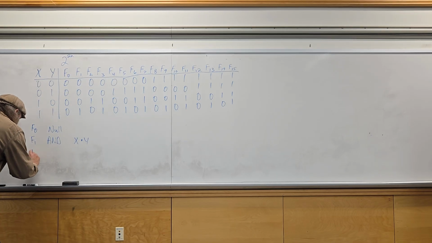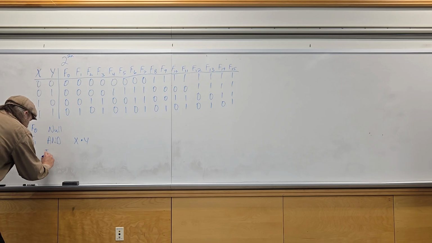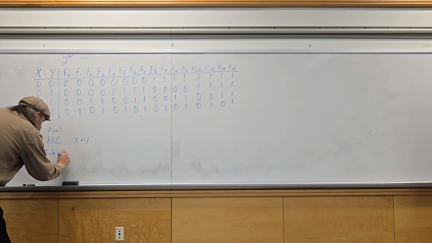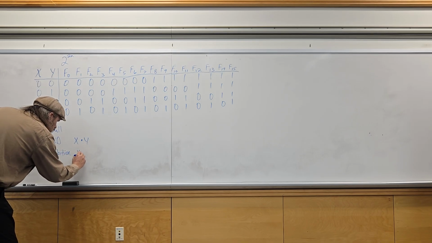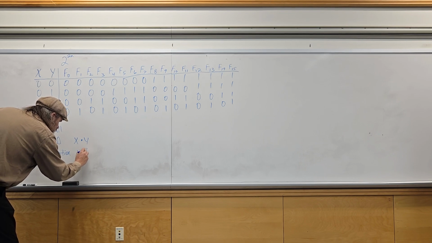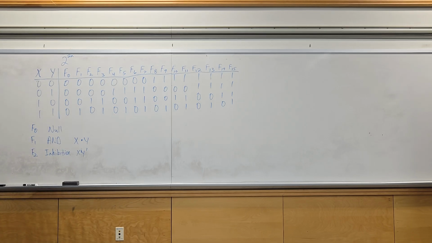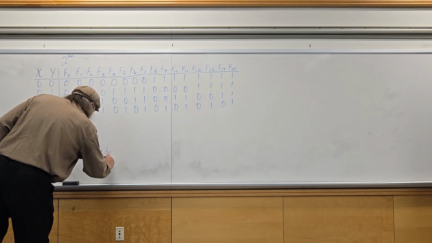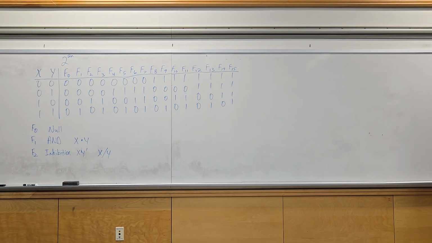So F2, inhibition, x, but not y. It is also written as x/y. You don't see that very often.